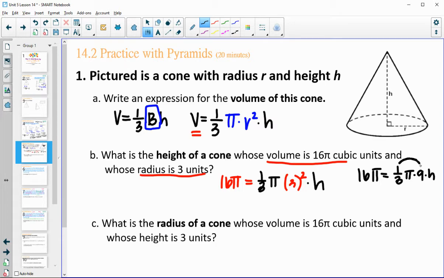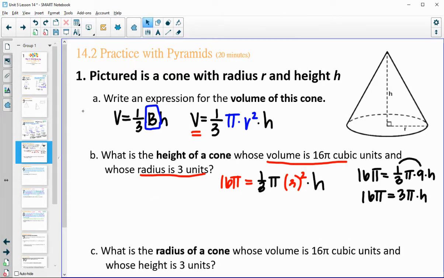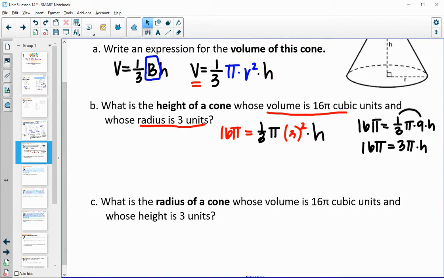So now if we do 1/3 of 9, multiplication is commutative, so I can multiply any of these together that I want. So 1/3 of 9 is 3. So I have 3 pi times h. So then we'll go ahead and solve for h by dividing both sides by 3 pi to get that h alone.